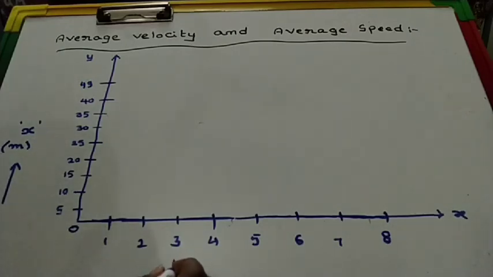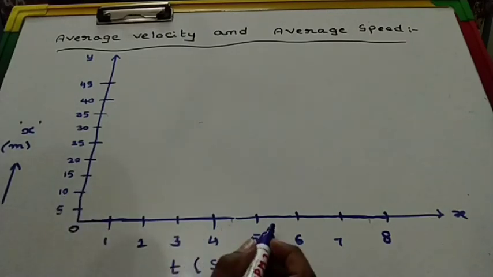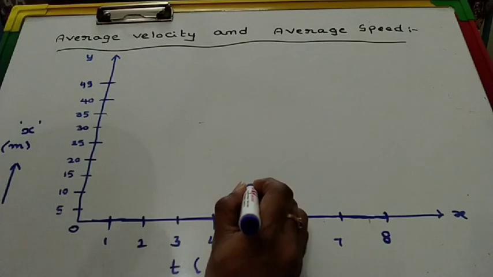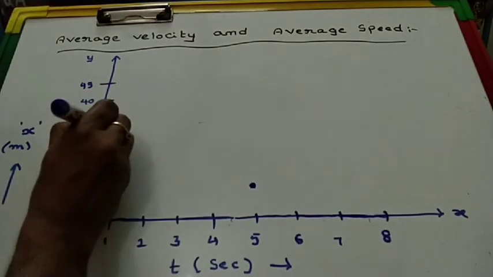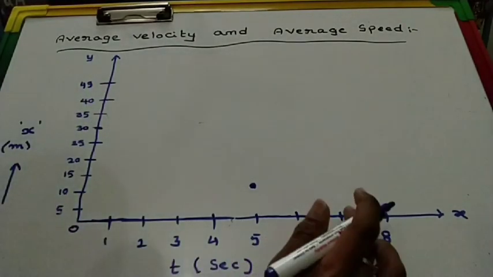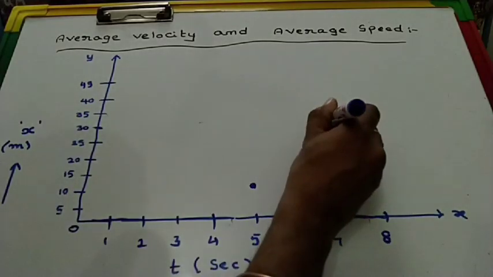Now here is time, in seconds, along the x-axis. Now consider position is 10 and time is 5. Take this point. At the same time, consider position is 30 and time is 7. As a result, they will meet at this point.